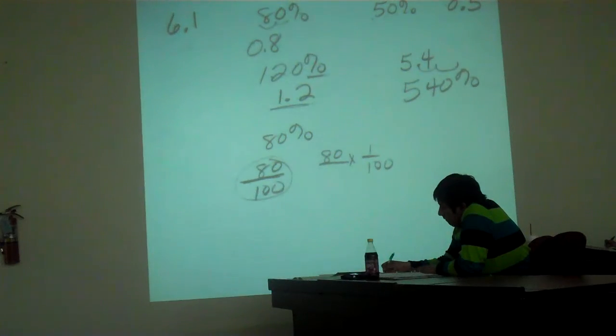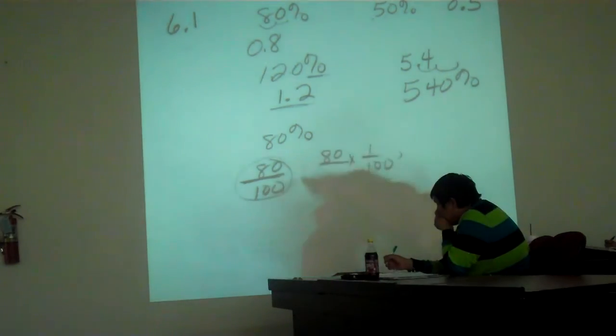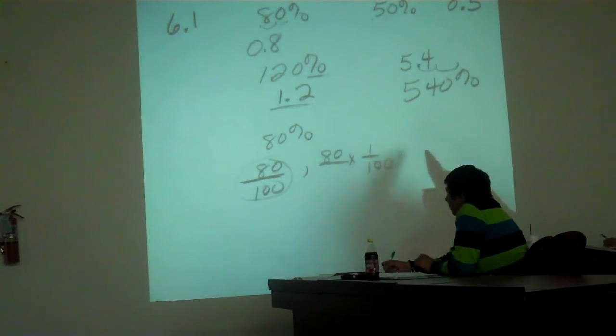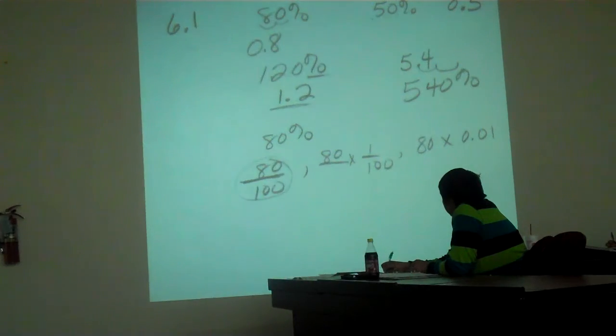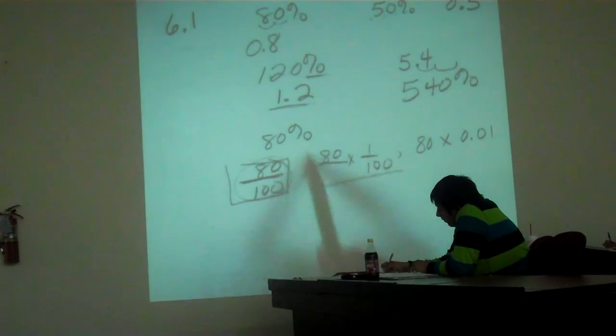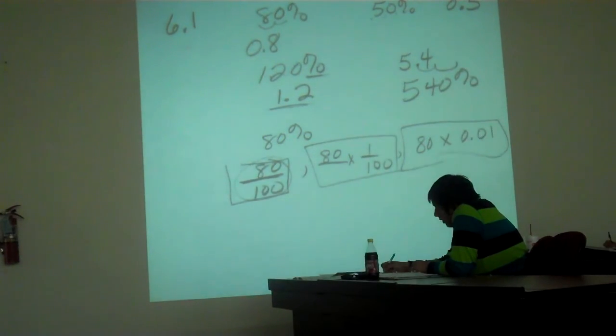That's another way of writing it. That's 2 ways of writing it. And another way is 80 times 0.01, which is moving the decimal back twice. So it wants you to do it this way, and this way. Just writing it like that.